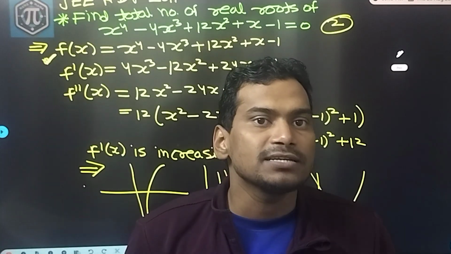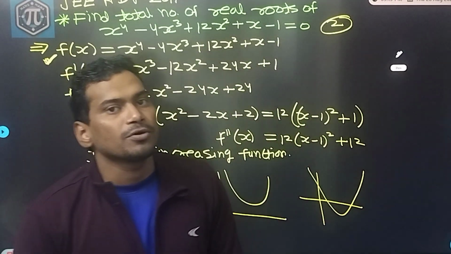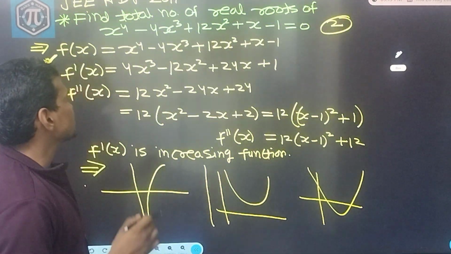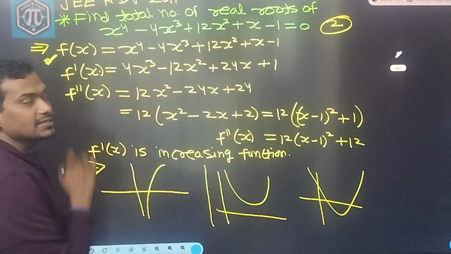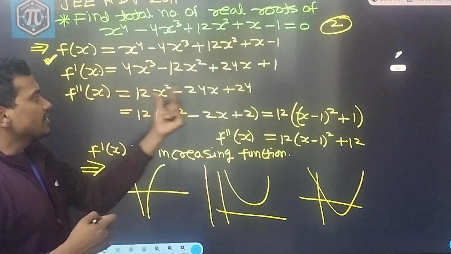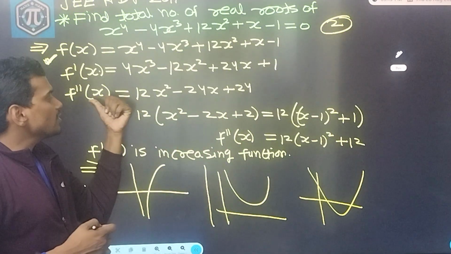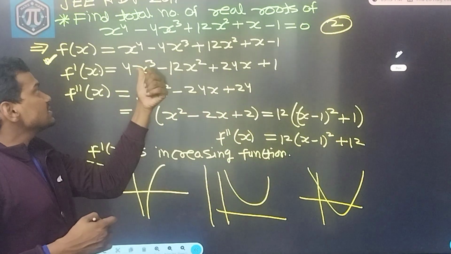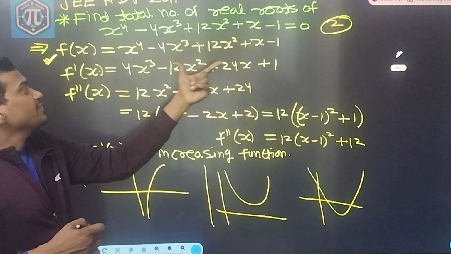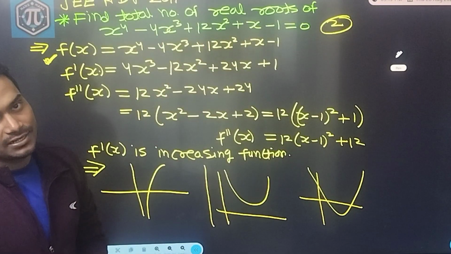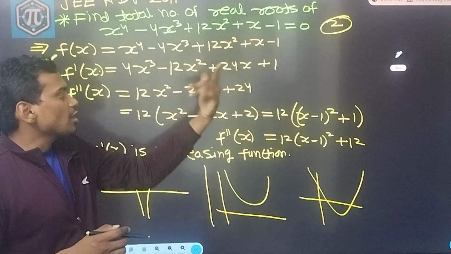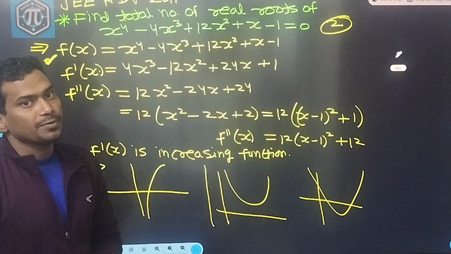This is how we are finding total number of real roots using the application of derivative. We calculated f dash x, we calculated f double dash of x, and then we saw f double dash of x is always positive. That means f dash x is an increasing function, so f dash x can be 0 at exactly 1 point.